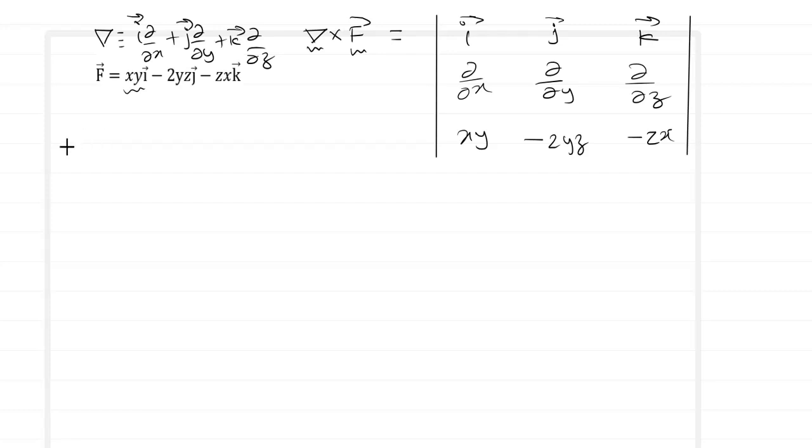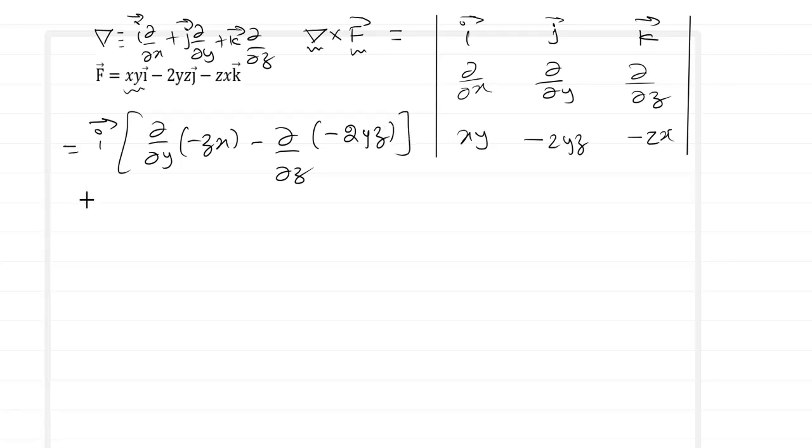So now our task is to compute the 3 cross 3 determinant. Come on, we will perform it. It is i vector times, close your row and column of i, so you will have dou by dou y of minus zx minus dou by dou z of minus 2yz. Minus j times of, always keep in mind j takes a negative value, so hide your j row and j column.